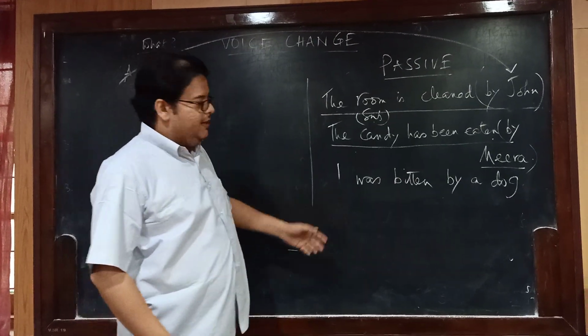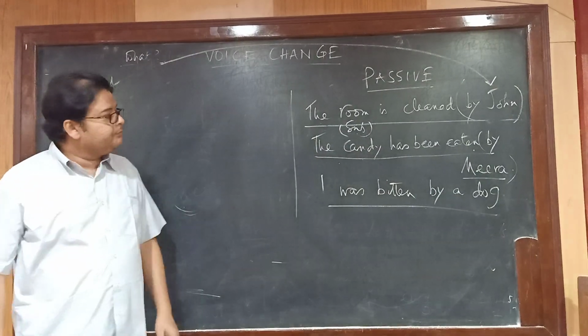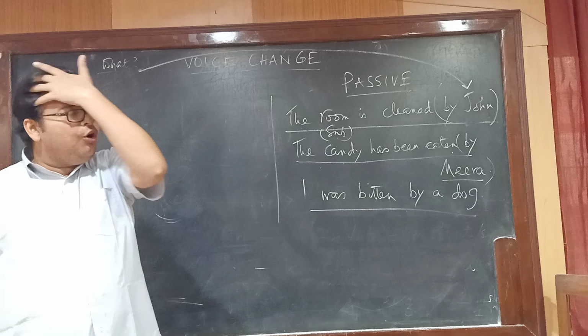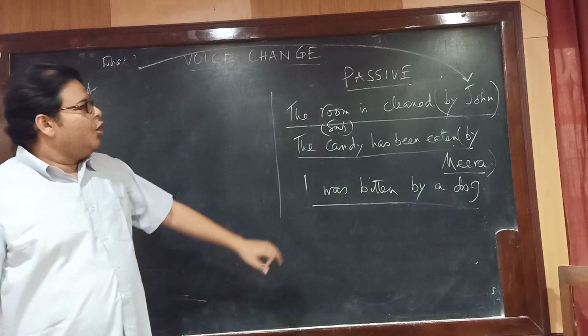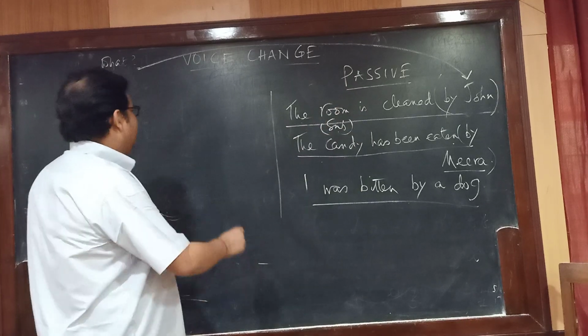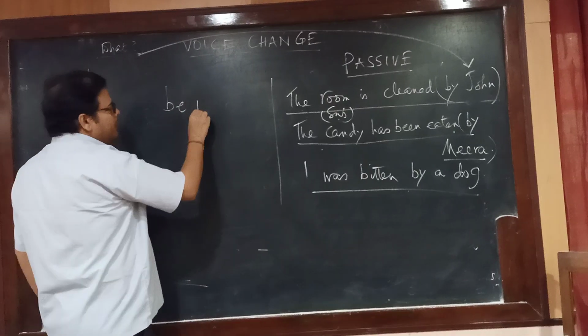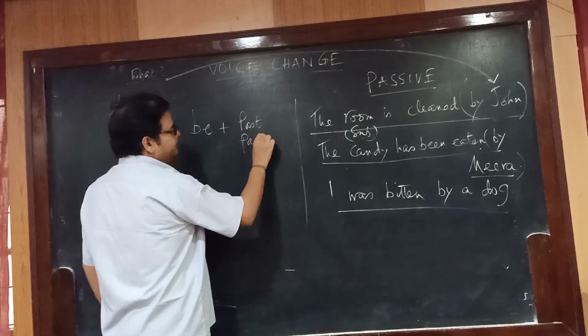Now, can you tell me what is common to all these 3 sentences? Grammatically, structurally, what is common to all these 3 sentences? Look at them carefully. All of these 3 sentences have a be verb plus the past participle form of the main verb.